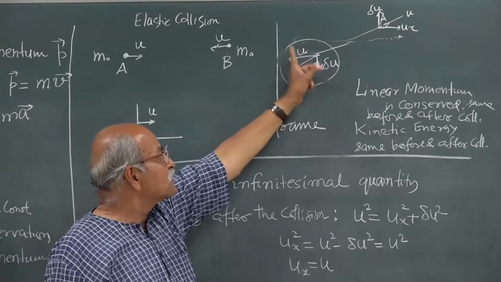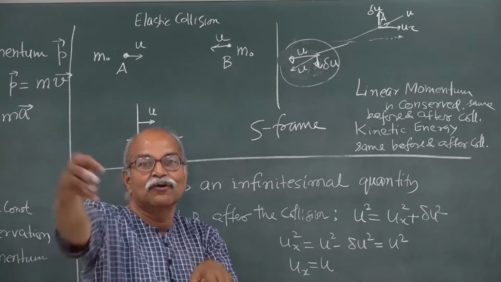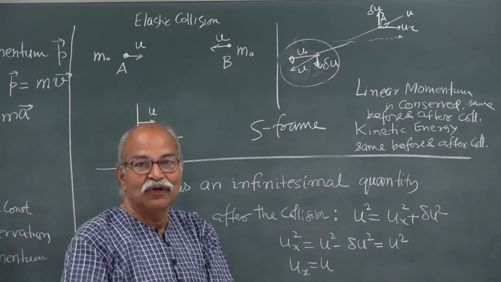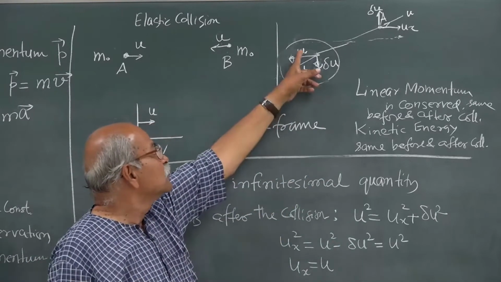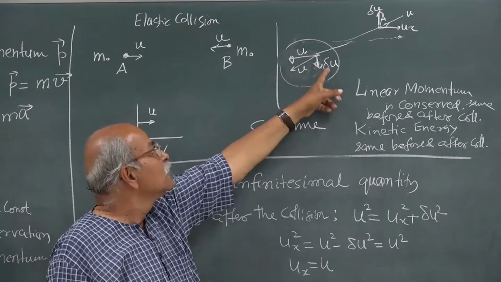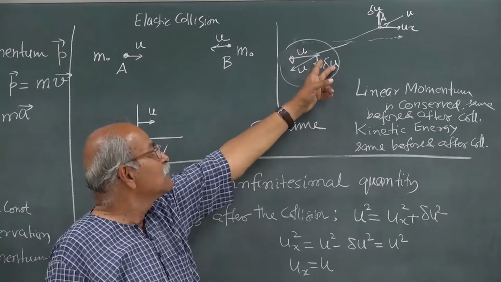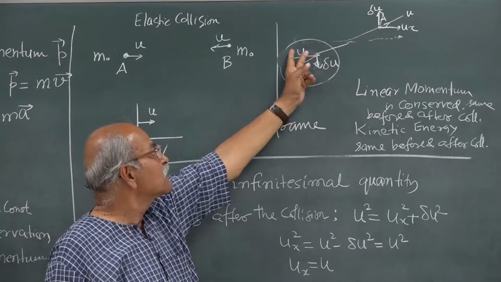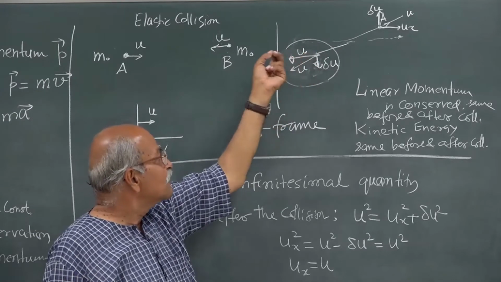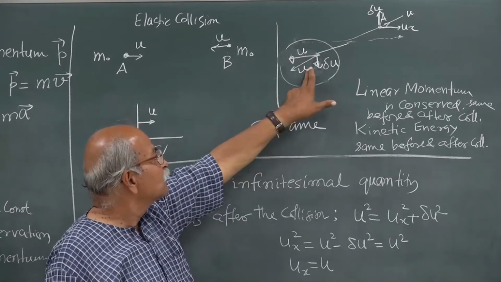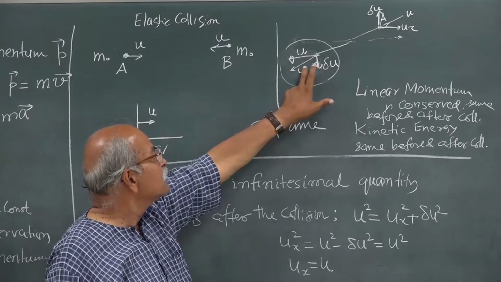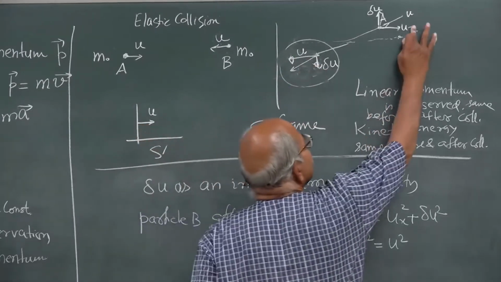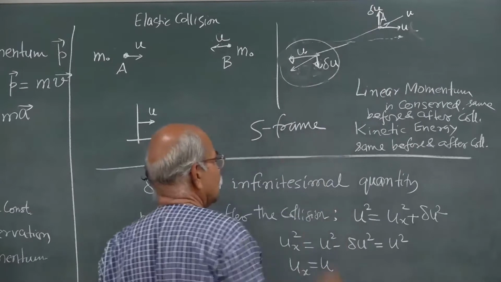Just like sin theta by theta goes to 1 for small theta, similarly u squared plus delta u squared will go to u squared when delta u is small compared to u. So the components are u and delta u here, and similarly u and delta u here.